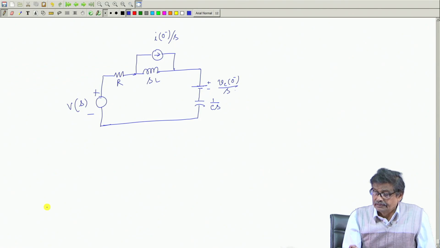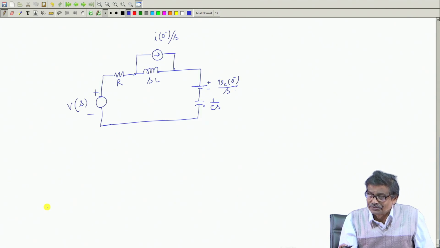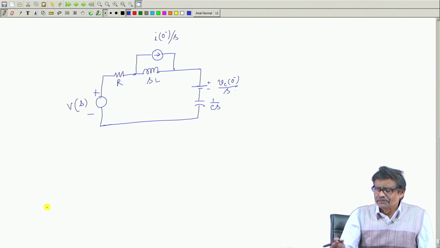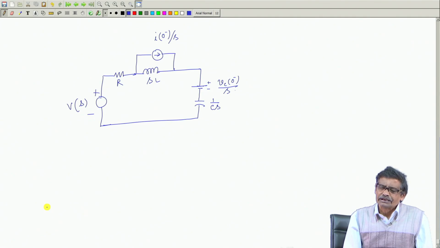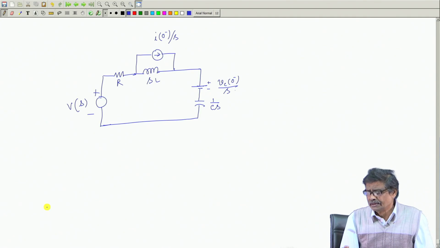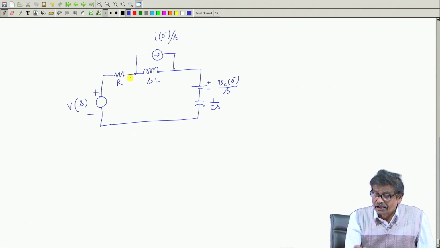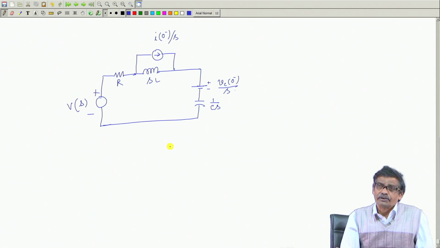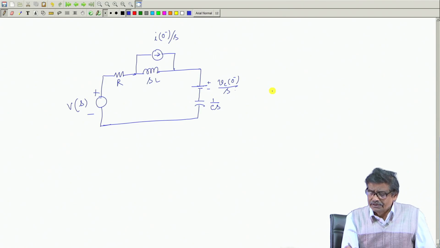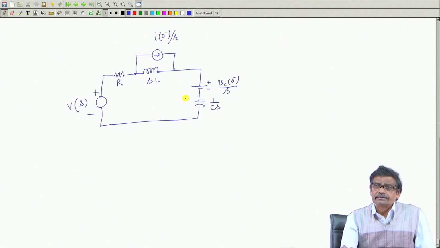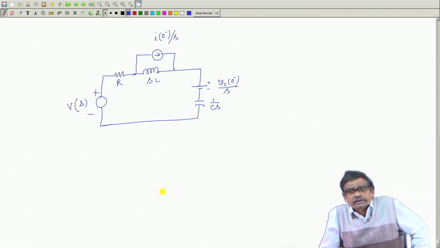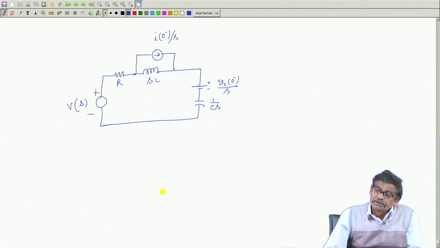Then this circuit will have 3 sources: 1 source, 2 source, 3 source. Okay, there are various ways of handling this situation, apply say superposition theorem or nodal analysis and so on, but it can also be done in this way. It is a very nice way of looking at a circuit with inductors having initial current or capacitors.